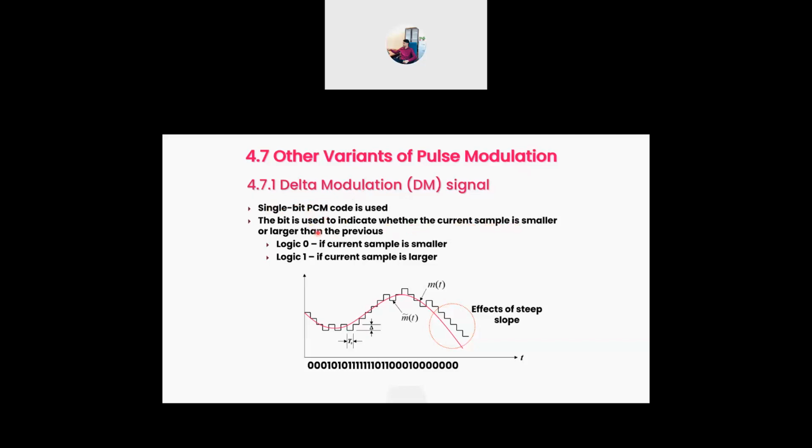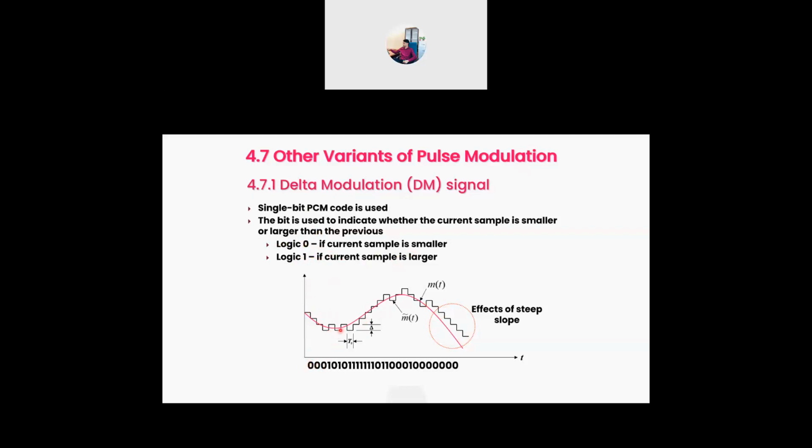Only that. If you see here, this means logic 0 if the current sample is smaller, and logic 1 if the current sample is larger. Here, the pink line is our information signal, and this one is our sample signal. As it goes down, the system will show 0, 0, 0.